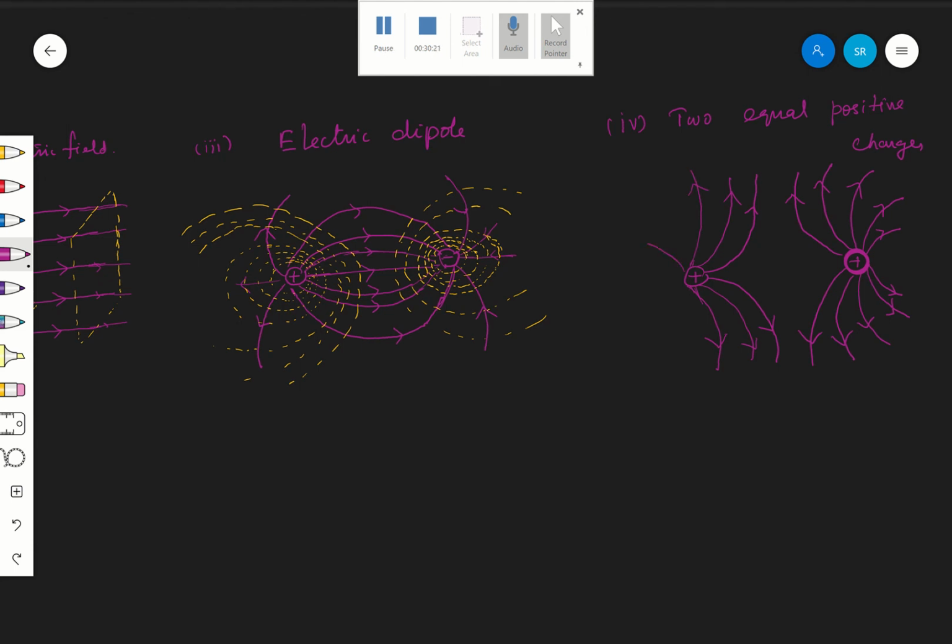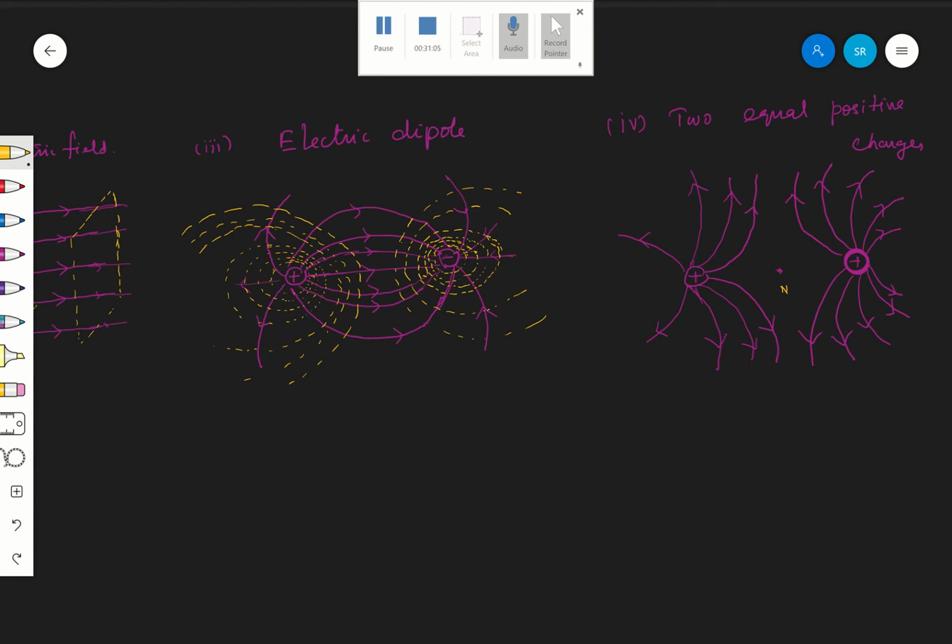Now I want to draw the equipotential surface. At this point, somewhere here, is the null point, where the field is zero. In this region the field will be weaker. For an electric dipole, between the two charges the field is stronger, but in the case of two equal positive charges, in between the two charges the field will be weaker.